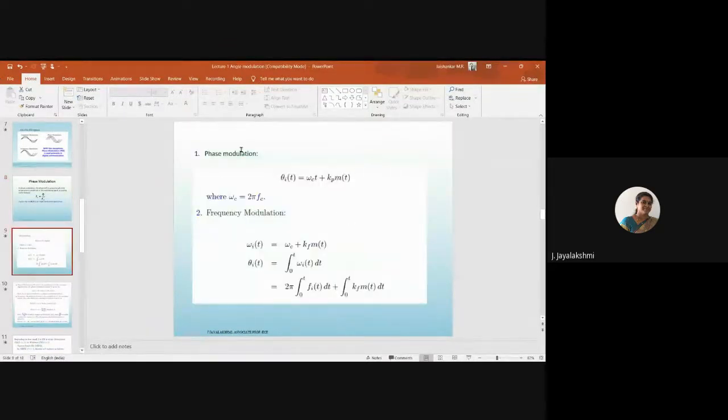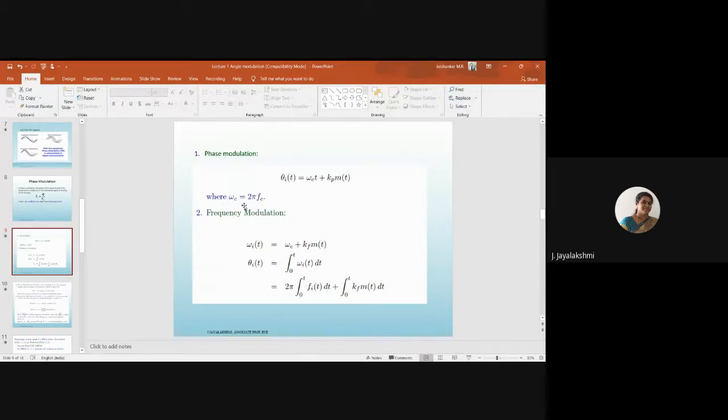In phase modulation, we change the phase angle of the carrier signal in accordance with the modulating signal.